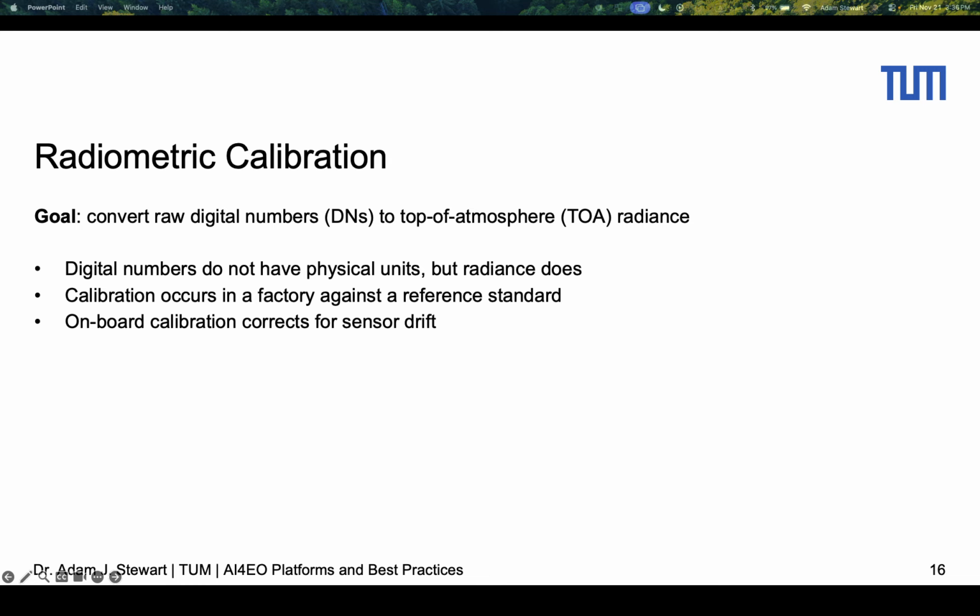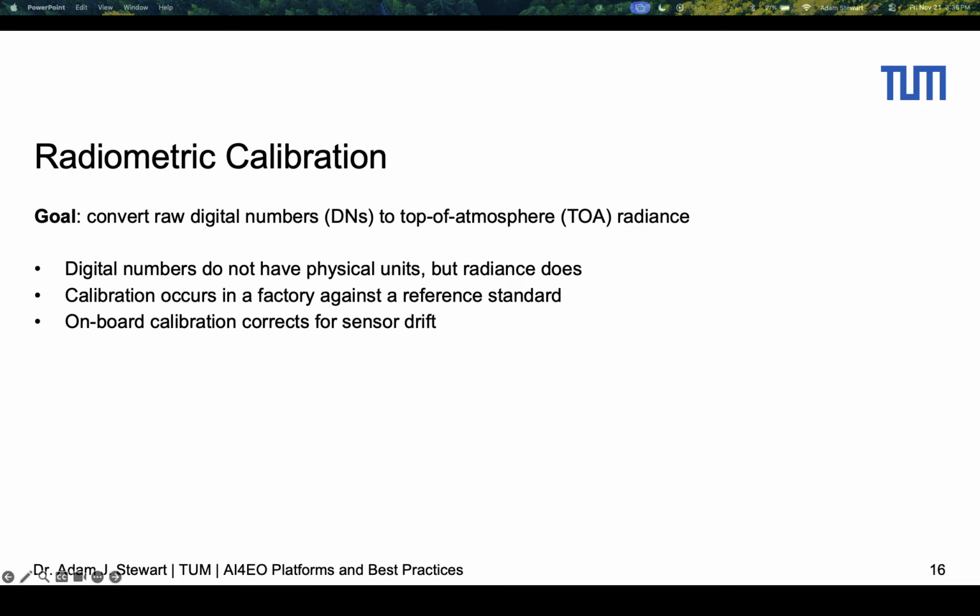It is measuring the number of photons of a certain wavelength that hit a sensor. That is really just a random number. It depends on how long your camera is open for and all these other factors. What we would really like is some measure of brightness, some physical units to represent our colors. So that process is known as radiometric calibration.